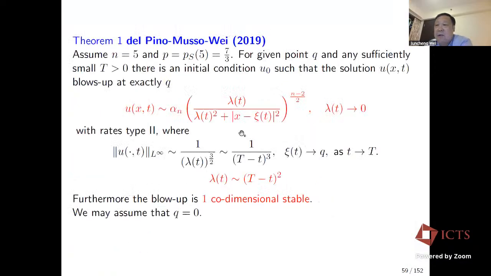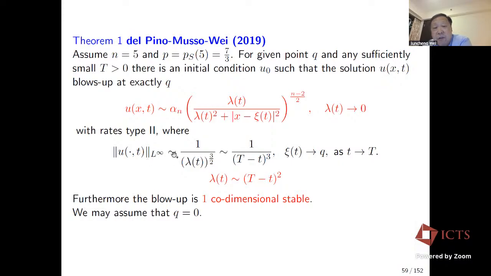So the main result I am going to present today is the simplest one, dimension 5, exponent p equals n plus 2 over n minus 2. And the result is for any given point Q, for any sufficiently small time capital T, you can construct an initial condition such that the solution blows up exactly at Q. Okay, and the blowup rate is like 1 over T minus t.